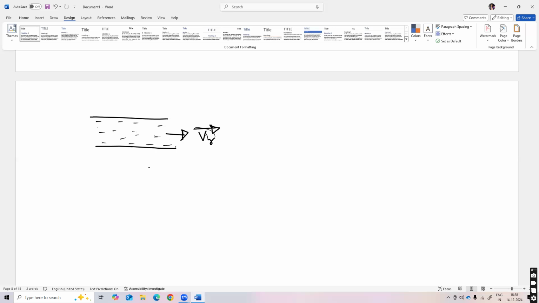Now if you have a boat, let's say the velocity of this boat is VB, and this boat is moving in the downstream direction. In this case, the relative velocity of the boat with respect to the river can be given as VB minus VR.